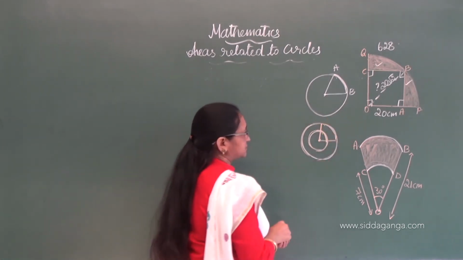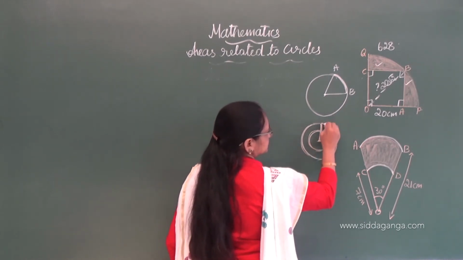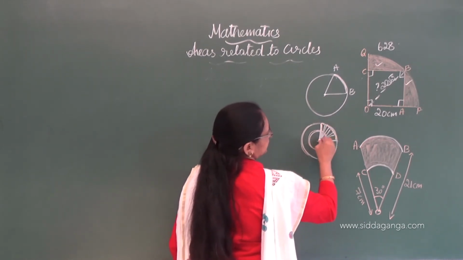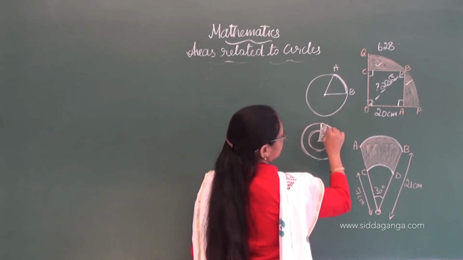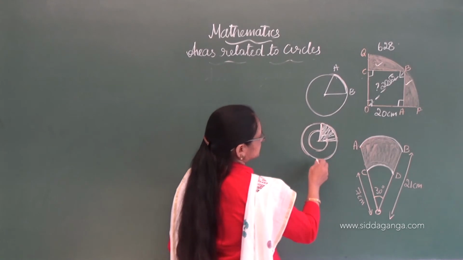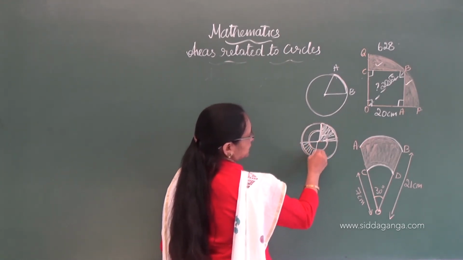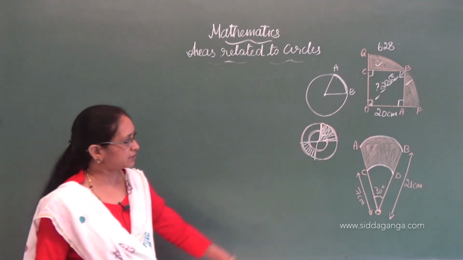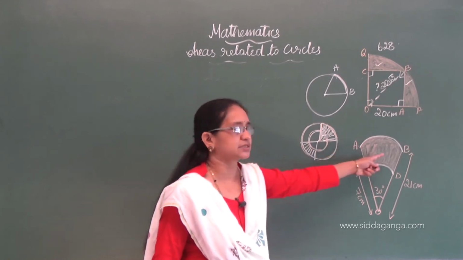They have taken only this part. Just imagine, this part they have taken. But in that also you should find out only this area, the shaded region. So, this is the part of these two concentric circles.